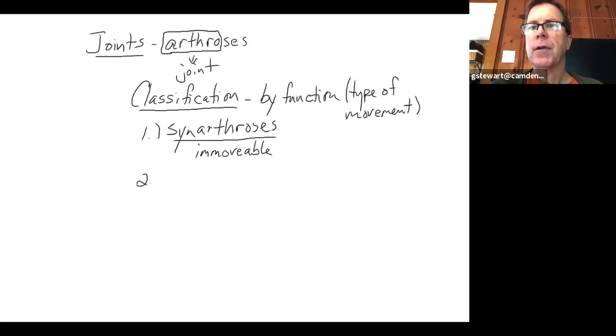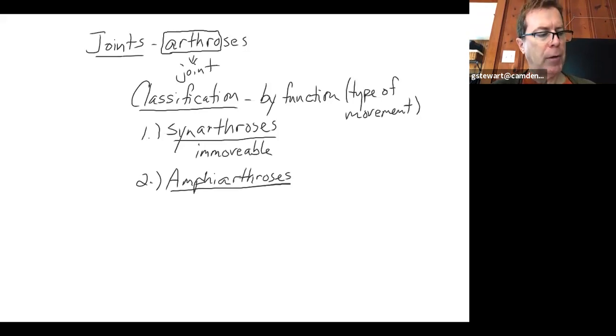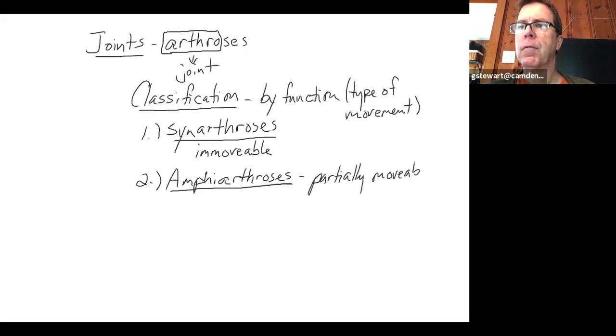Then the second classification is amphiarthroses, A-M-P-H-I, arthroses. And these are joints that are partially movable. So I'm just going to put slightly movable.